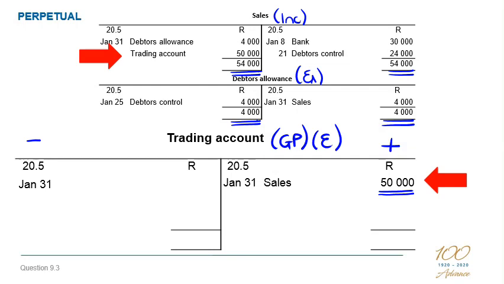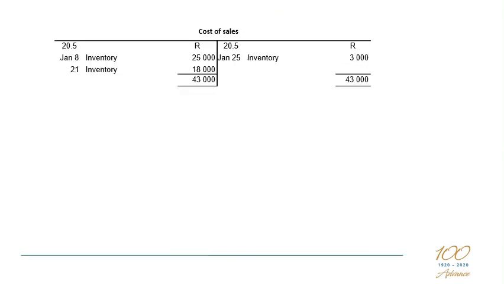From my sales account, I took the net sales over to the trading account. The next step in my process, I want to deduct cost of sales from the sales to calculate gross profit. So my cost of sales account at this point has got entries on both sides.